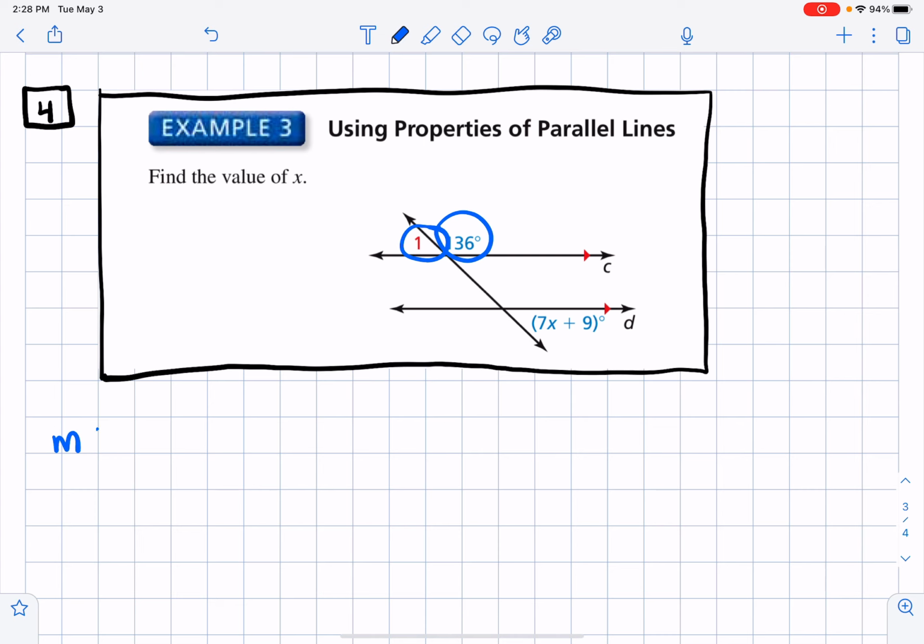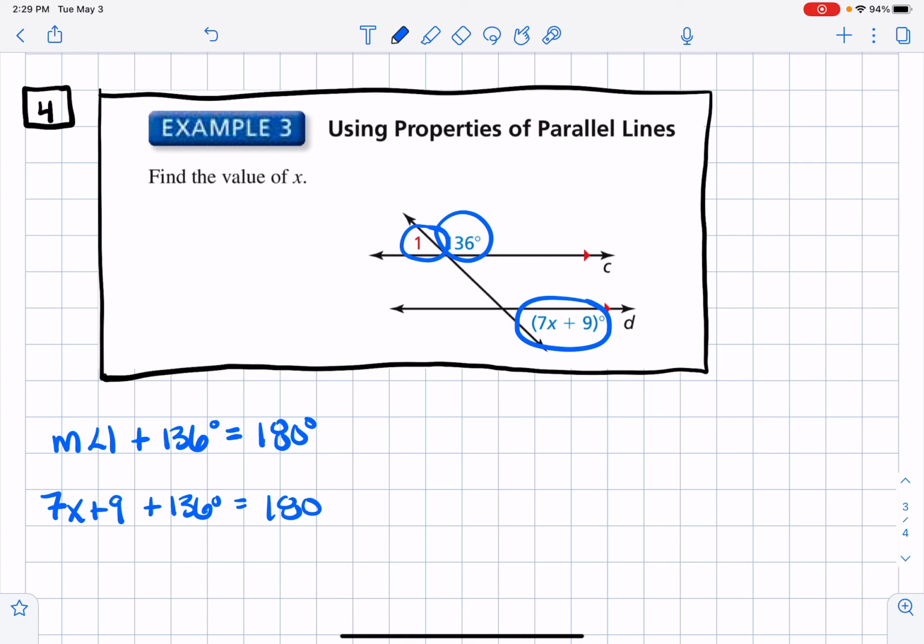So the measure of angle 1 plus 136 degrees has to add up to 180 degrees. And I also know that angle 1 and this angle down here are alternate exterior angles. Because they are alternate exterior angles, I can substitute and make them congruent. So now I know that 7x plus 9 plus 136 has to be 180.